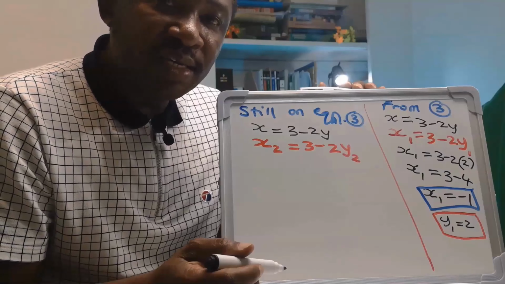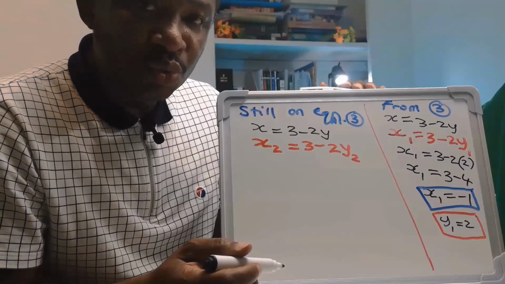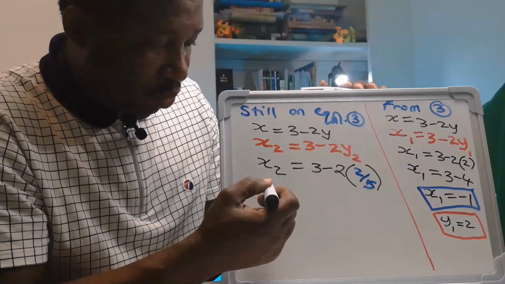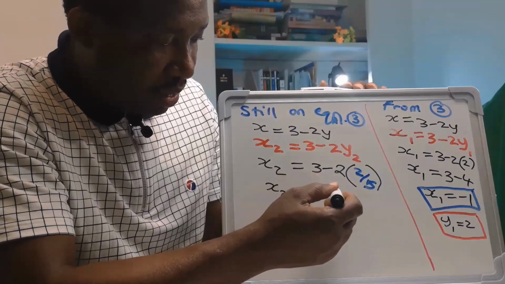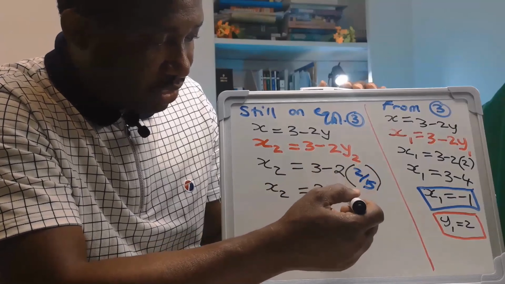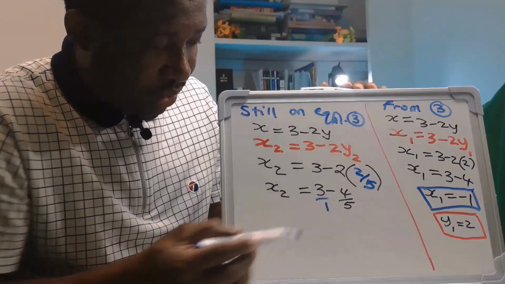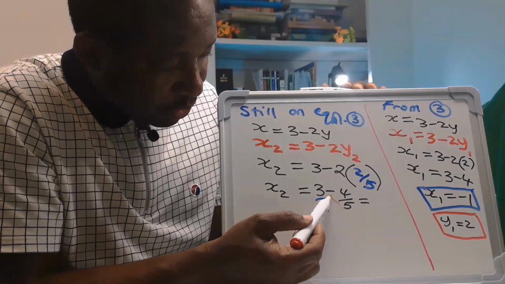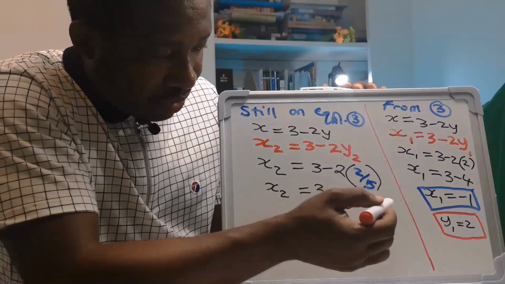Next, still on equation 3, where x is 3 minus 2y, we're going to find x2 when y2 is 2 over 5. We're going to have that x2 is 3 minus 2 times 2 over 5, which is 4 over 5. This 3 is like 3 over 1. Next, 5 multiplied by 3, we are going to have 15. There is a minus.